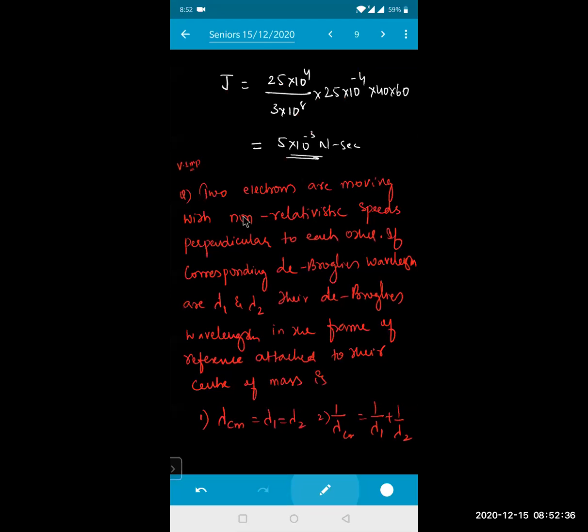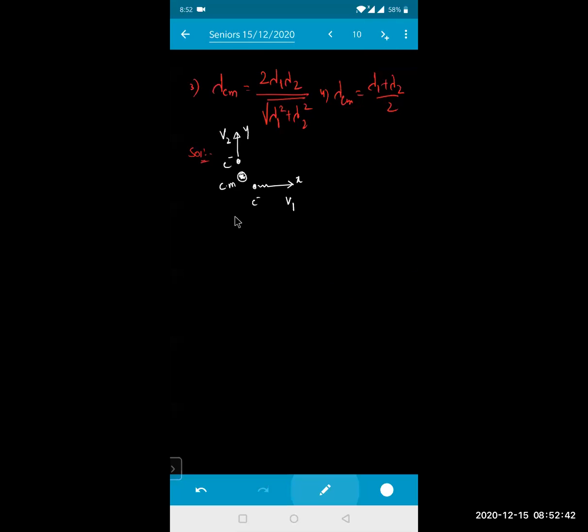Two electrons are moving with non-relativistic speeds perpendicular to each other, with de Broglie wavelengths lambda 1 and lambda 2.